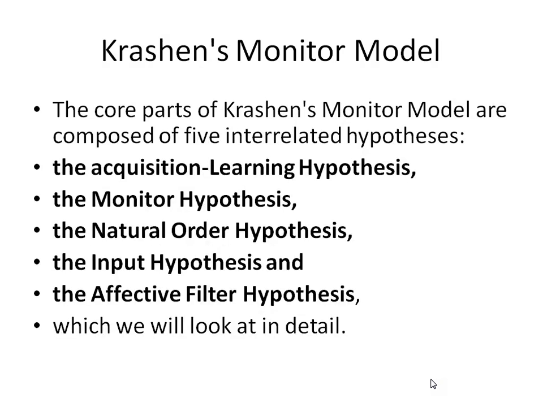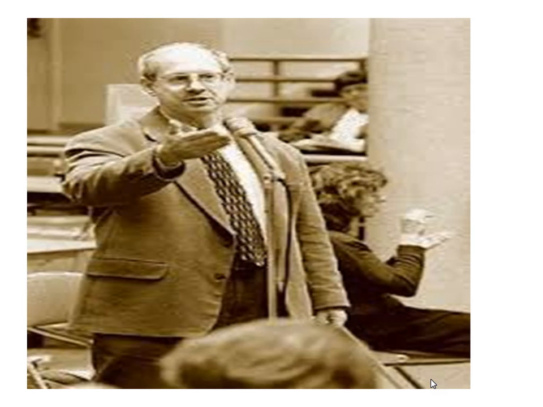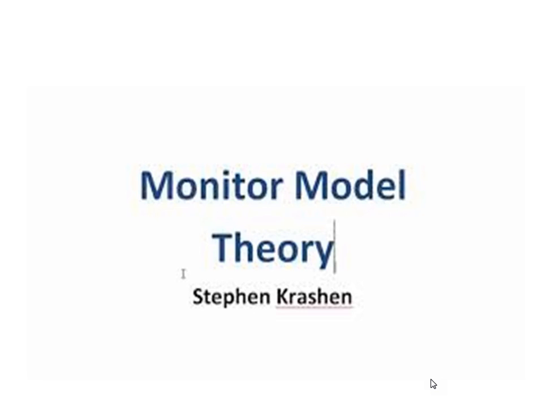These are the acquisition and learning hypothesis, monitor hypothesis, natural order hypothesis, the input hypothesis, and the affective filter hypothesis. The combination of these 5 hypotheses is called the monitor model.